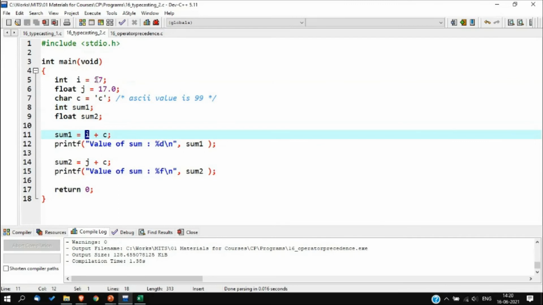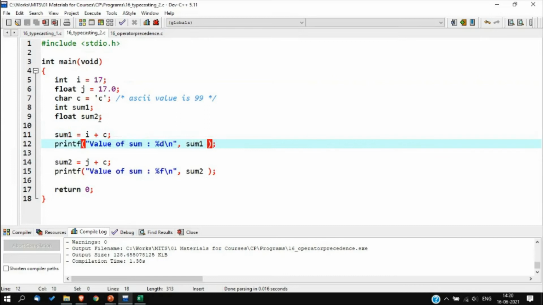We find the integer sum1 as i plus c. i is an integer, 17. c takes the ASCII value of c, because this is a character. No character can be directly added to an integer, so out of these two, character and integer, the higher data type is the integer, and the character is converted to integer.